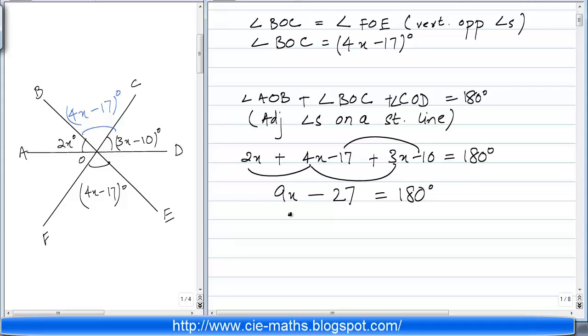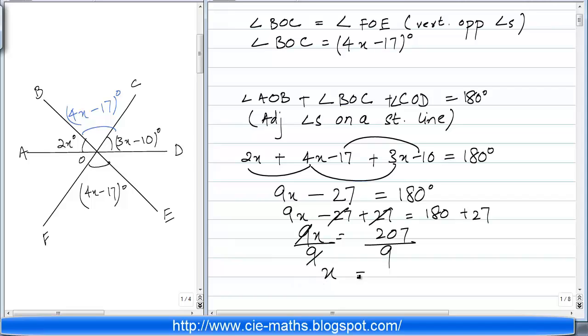To remove 27, I would simply write 9x minus 27 and add 27 to both sides. That would leave me with 9x on the left hand side, and this would be 207. To remove 9, I would simply divide both sides by 9, and x would be equal to 23 degrees.